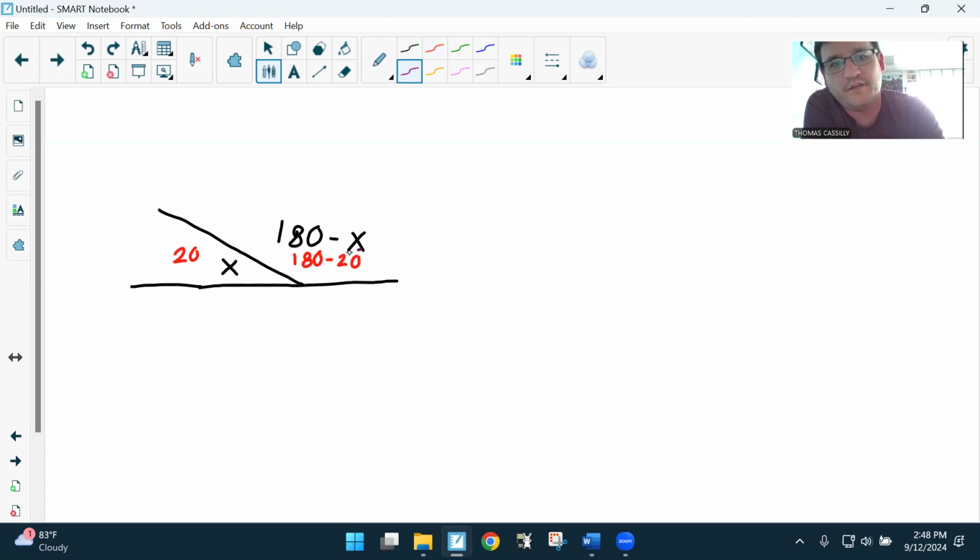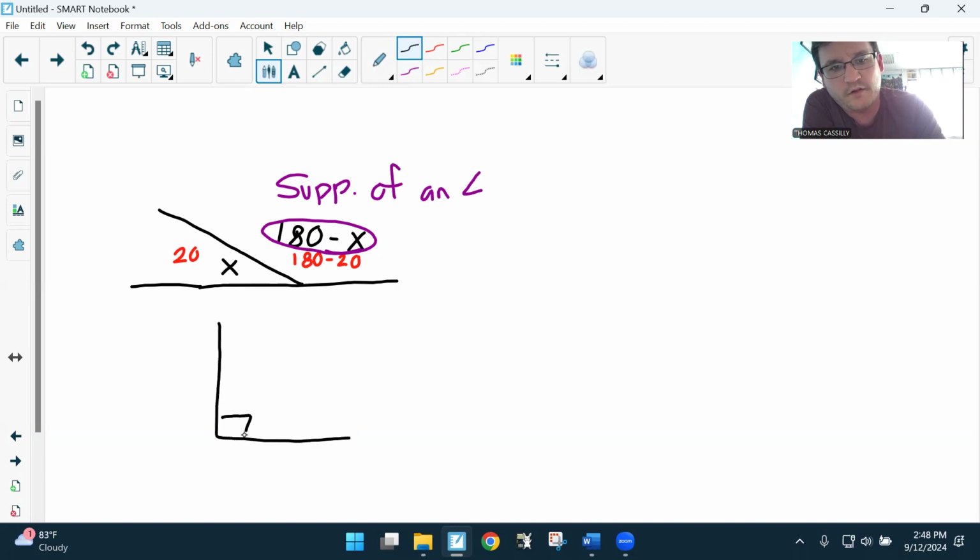This side, this 180 minus X, this is what we say is the supplement of an angle. Similarly, I could get a 90-degree angle, and I get two angles that add up to 90 degrees. If this one is X, this one is 90 minus X. All right. This is what we call the complement.